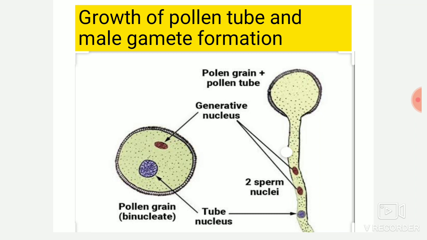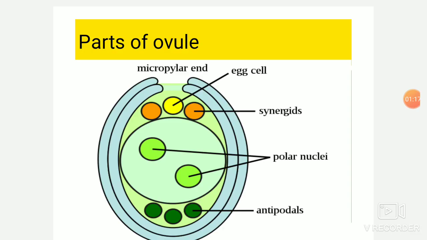As it lands on the stigma, the tube nucleus starts forming the pollen tube, and the generative nucleus later divides into two gamete cells. This division takes place in the pollen tube before reaching the female gamete.